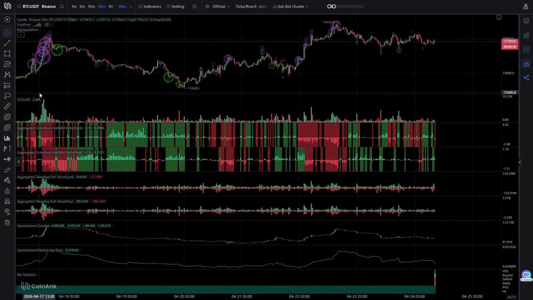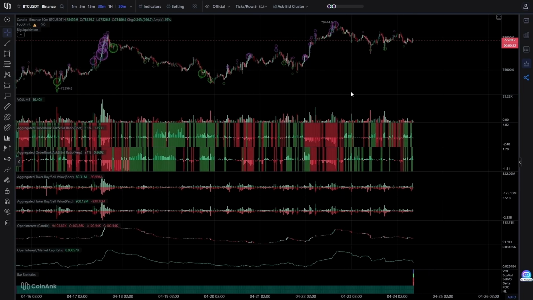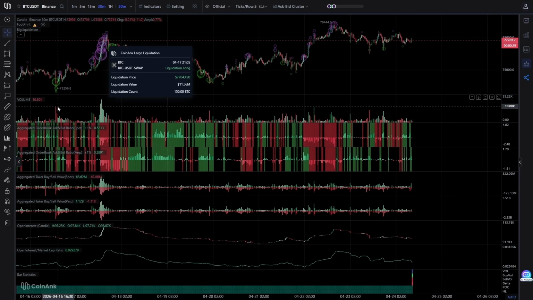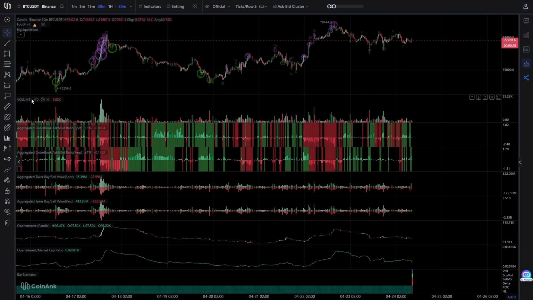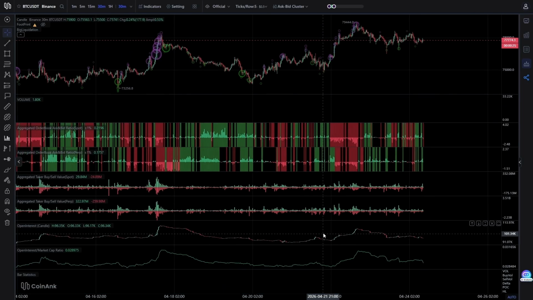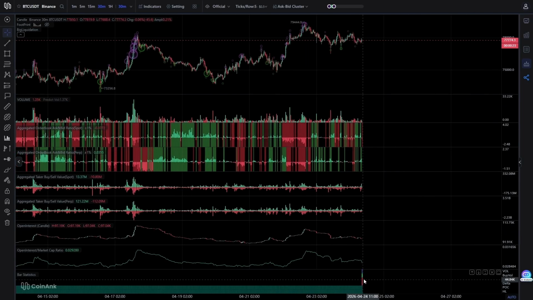And now we get all of this information at once. Bar statistics, open interests, aggregated buy and sell values, aggregated for spots, your order book, for both perps and spot, your volume, you get your liquidation bubbles active, etc. So it opens everything at the same time, which for me is a bit of overkill, but maybe some people like it.